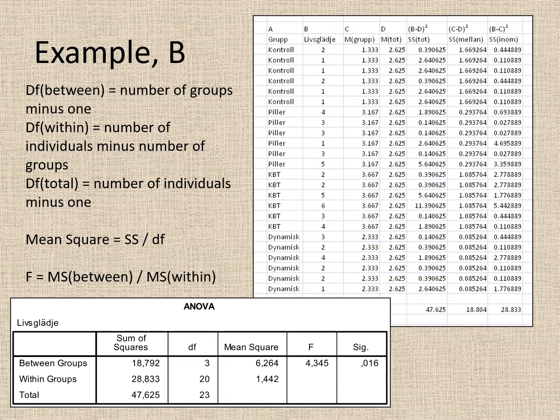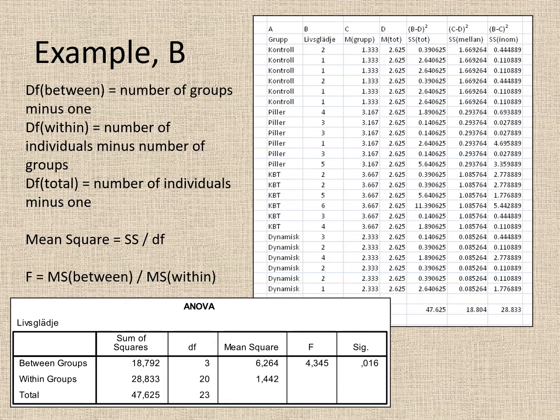If the 4 populations that the 4 samples represent have the same mean when it comes to life satisfaction, which is the same as the null hypothesis being correct, what do we expect of these variances? We expect them to be roughly the same, because that's how the calculations are done.